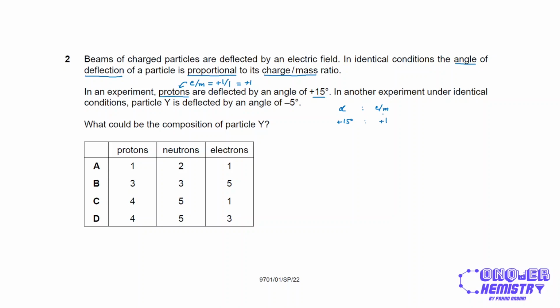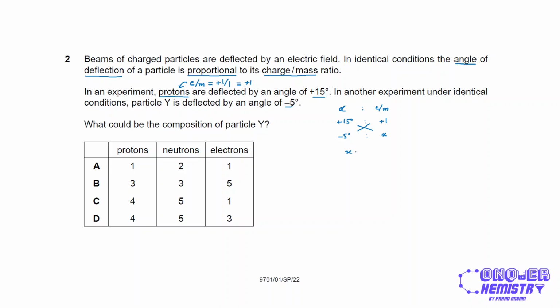Now it says in another experiment, under identical conditions, particle Y is deflected by an angle of -5. So now in the new ratio, I will write -5 degrees as my angle of deflection alpha. And so the charge to mass ratio needs to be found. So this will be my X. Now I can cross multiply, because this is direct proportion, I could do this.